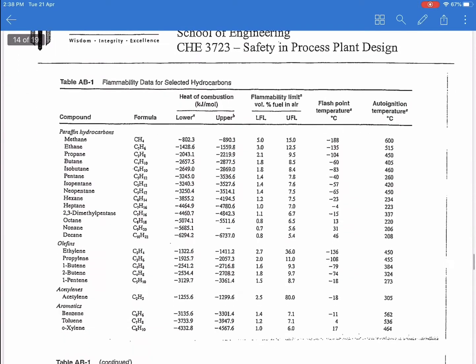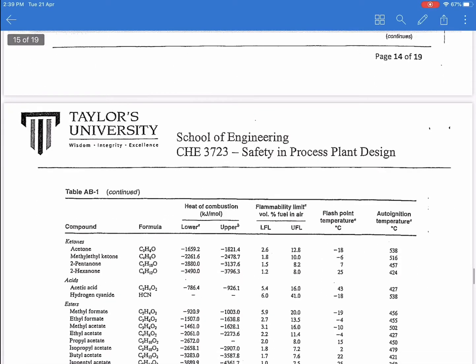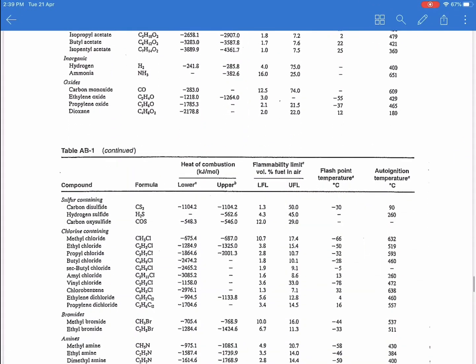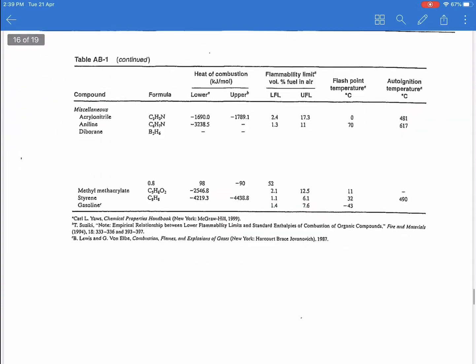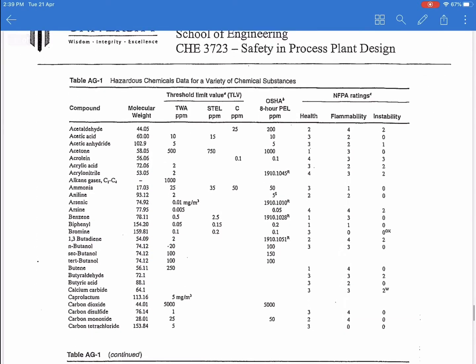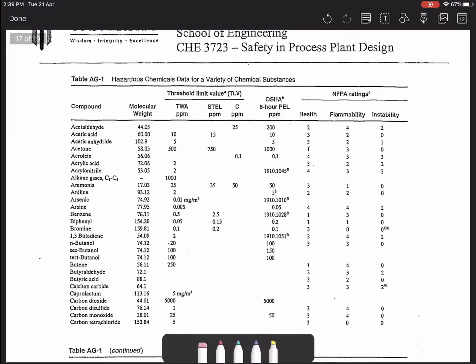I have this saturated data. No, I want to go to threshold limit value. So continue to scroll down until you find, okay, here we are. We have this threshold value data.